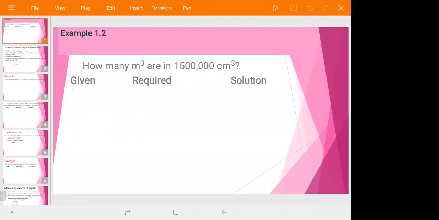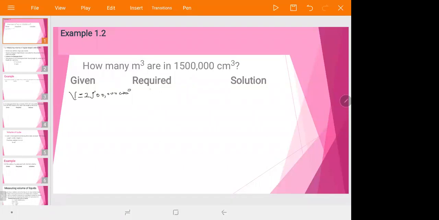What is required for you? What is given for you? Volume is given: 500,000 centimeter cube.